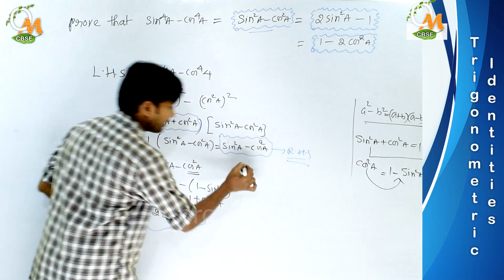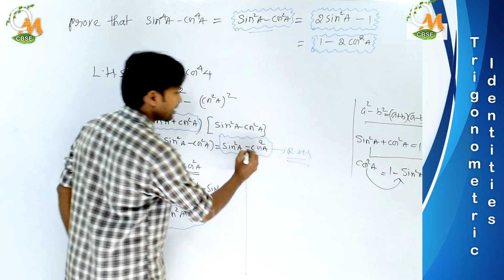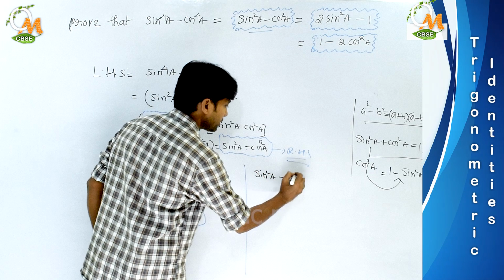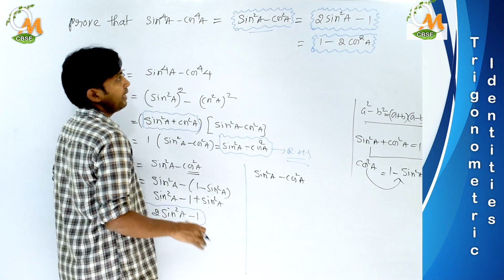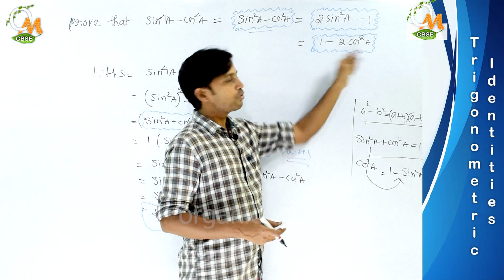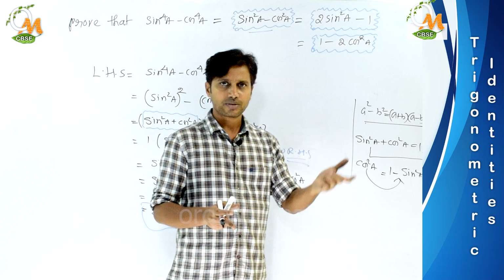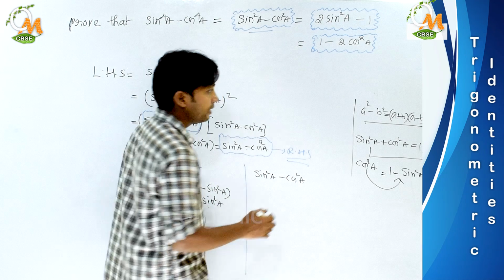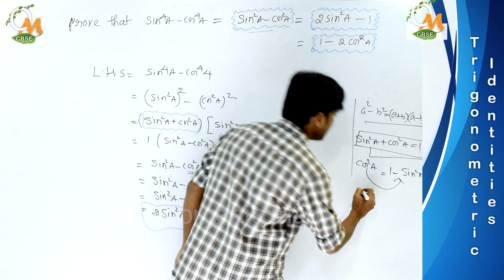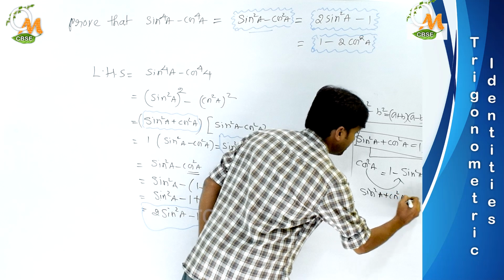Now let me write the third part. Take the first answer once again, sine square a minus cos square a. Here we need to convert this to 1 minus 2 cos square a, so we need to convert all the terms of the expression into cos. Again, take advantage of sine square a plus cos square a equal to 1.